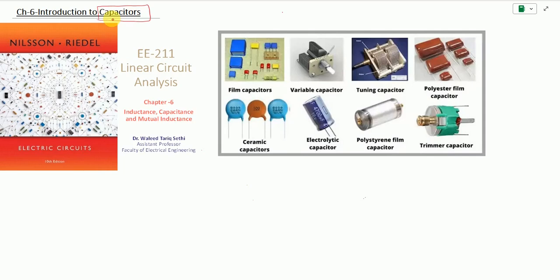Before we begin, the image here shows various kinds of capacitors available in the market inside various electronic devices. You might have seen these devices if you have ever performed simple lab experiments in your college classes or even at the university level. The most used capacitor is the electrolytic capacitor.